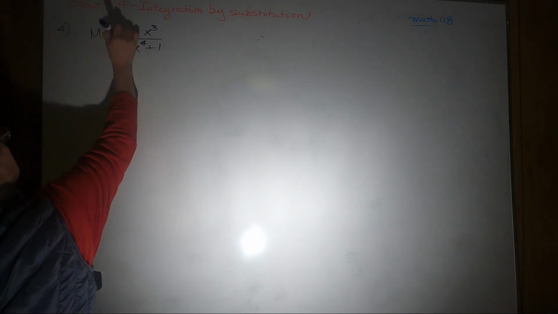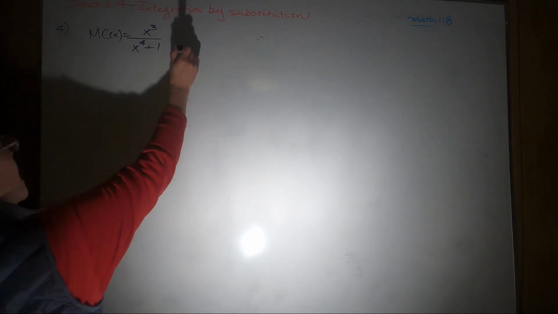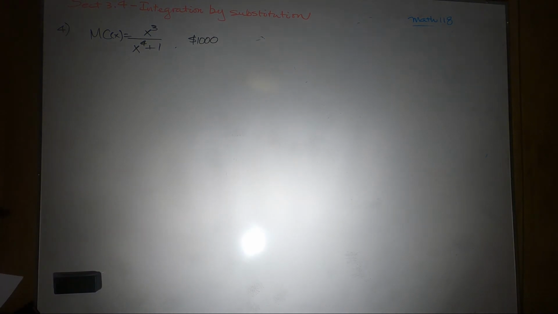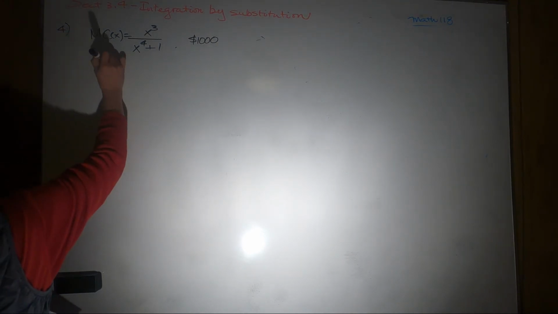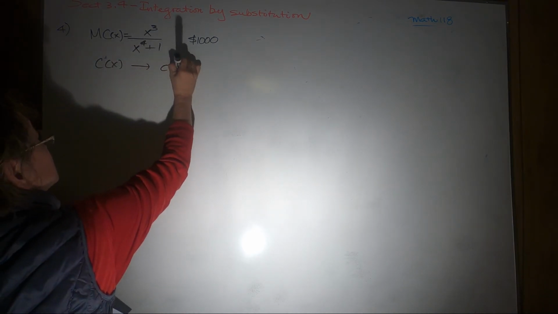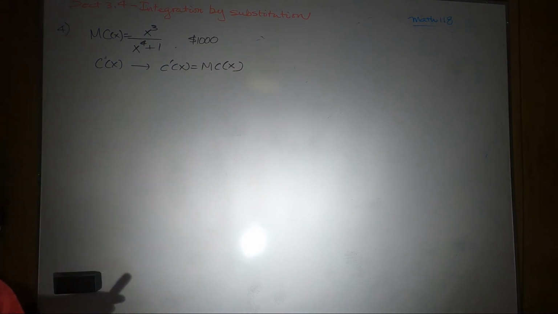So x is your units. Then fixed cost is $1,000. Then find the cost function. So it's a much more complicated model, right? Then how do we find the cost? If you take the derivative of the cost function, that's your marginal cost.